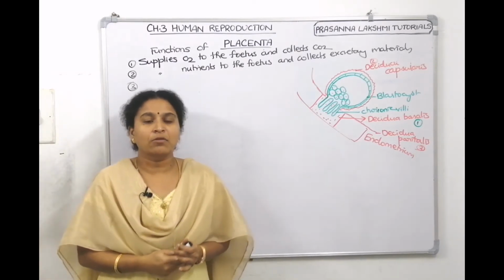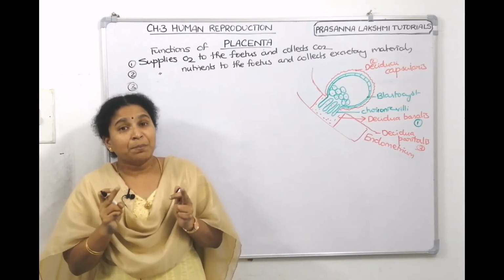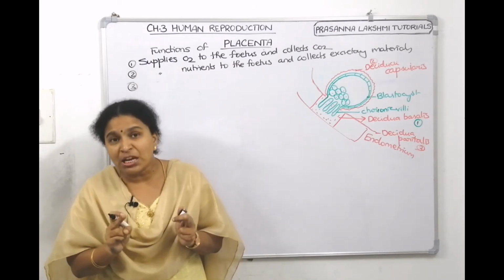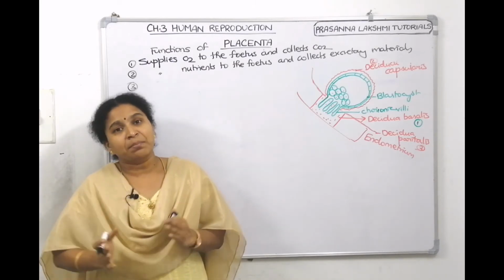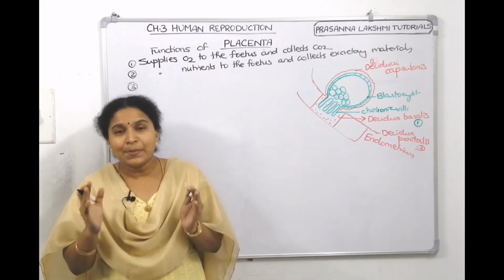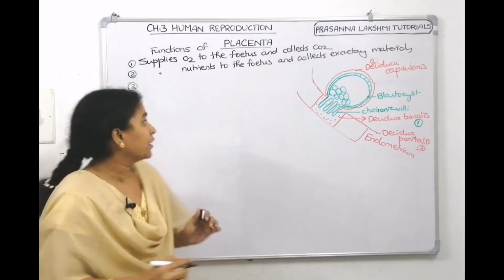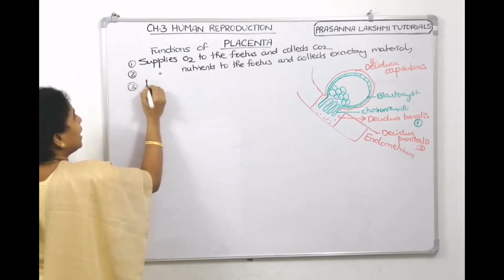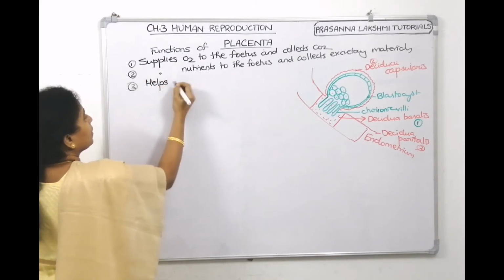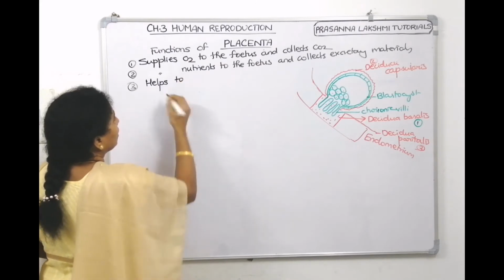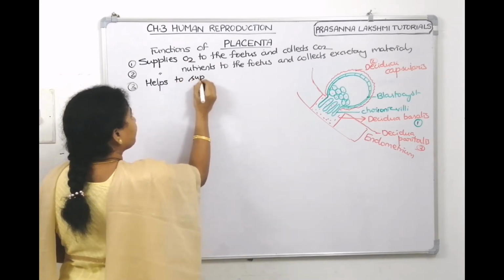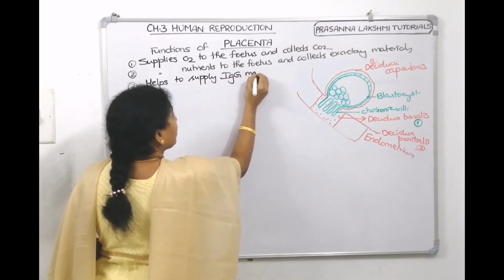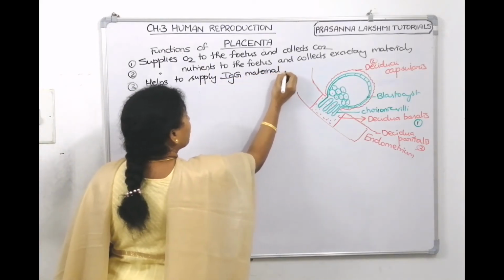Then, through the placenta, the IgG antibody can go from the maternal tissue and it helps the baby survive certain infections. So the placenta helps to supply IgG maternal antibody.